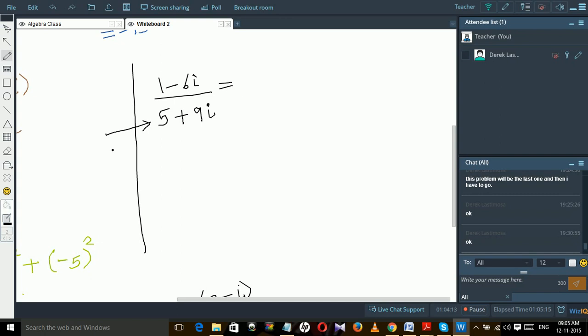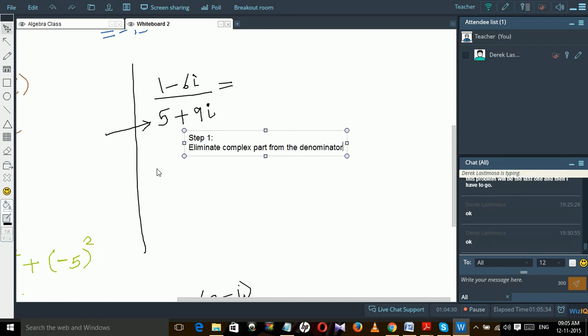The first step: look at the denominator. This part is complex, and I don't want complex parts in the denominator, so I'll try to eliminate it. Step 1, let's write it down.